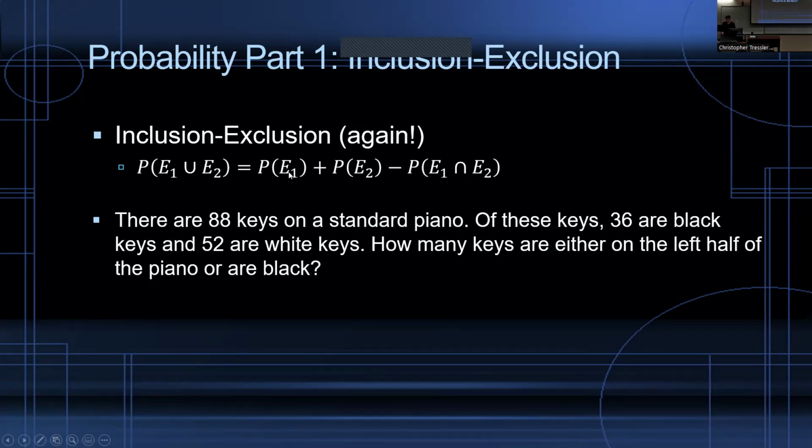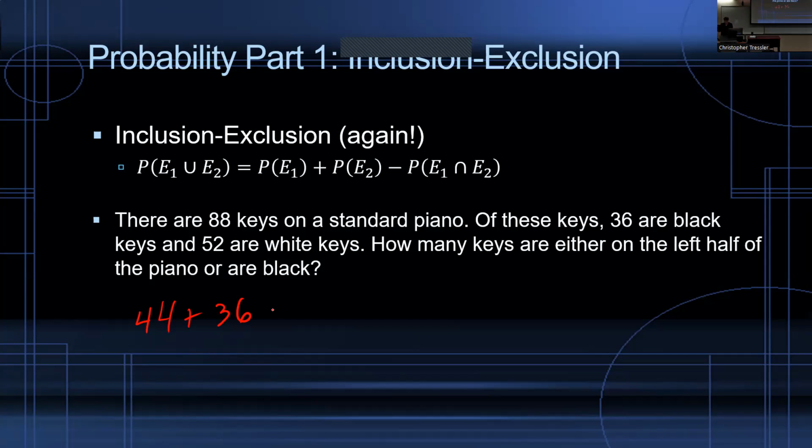So let's see. First, we're going to do either on the left half. We have 88 keys, so on the left half there would be 44 keys in total, because it's just 88 divided by 2. Plus, we have 36 keys that are black, so we're going to add the 36.